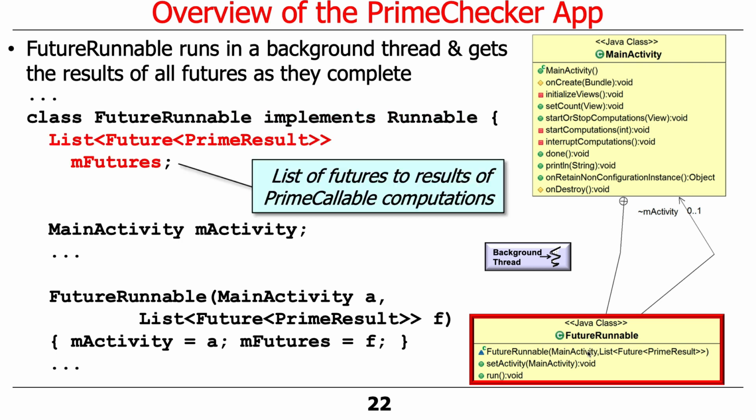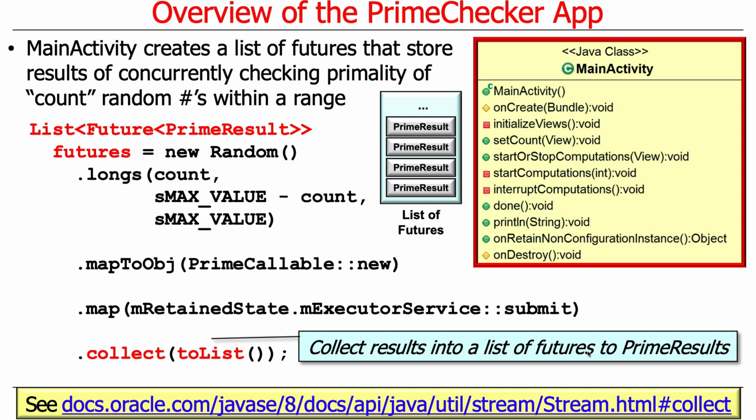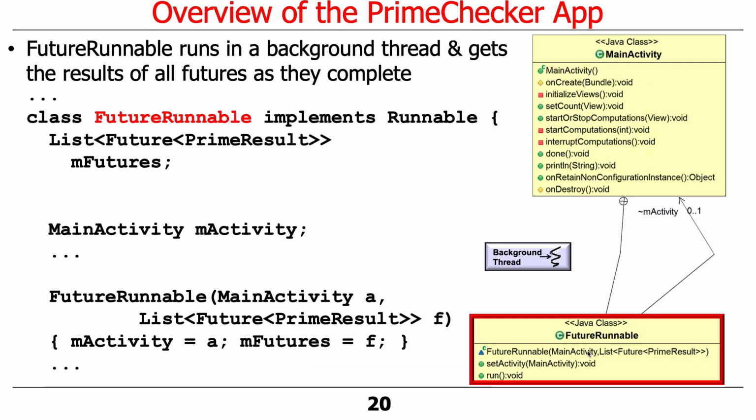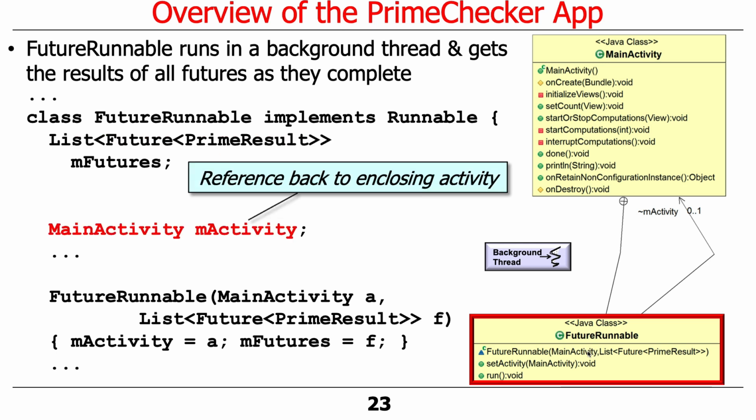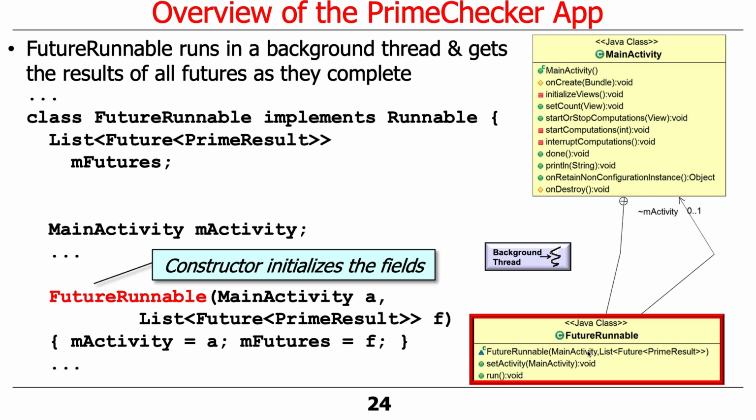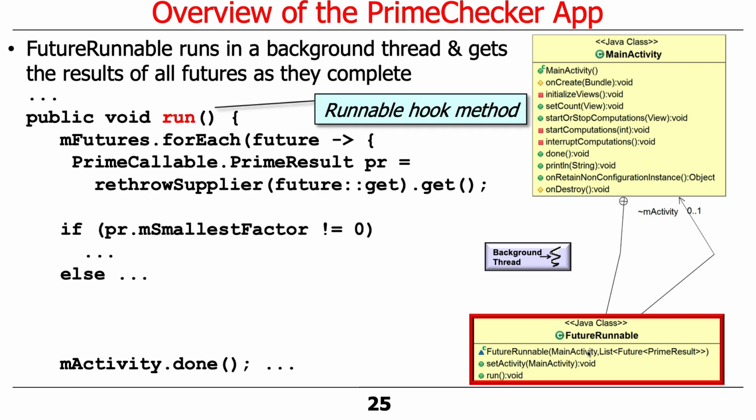It's going to stash away the list of futures to prime callables, which we're going to have gotten, of course, from this variable right here, futures. And we have the main activity. That's just so we can display things back in the Android window. Here's the constructor. That goes ahead and takes an activity and a list of futures to prime results and stashes them away.